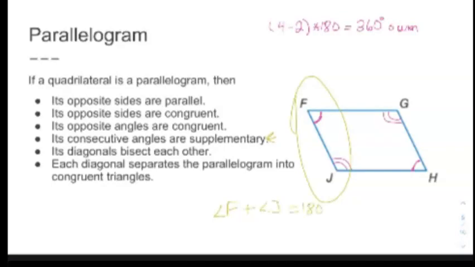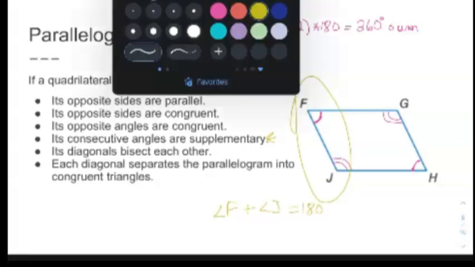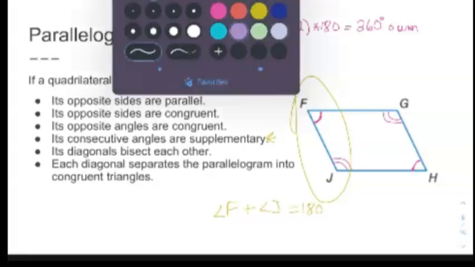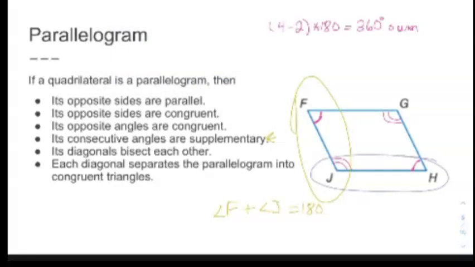Those would be our consecutive angles. The same thing occurs for angles J and H, which is also equal to 180 degrees. That's another one of those properties we can keep in mind that will help us solve different problems.